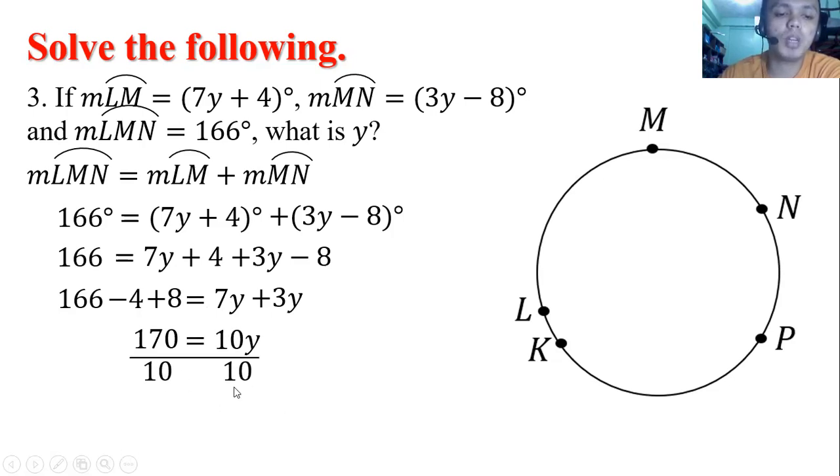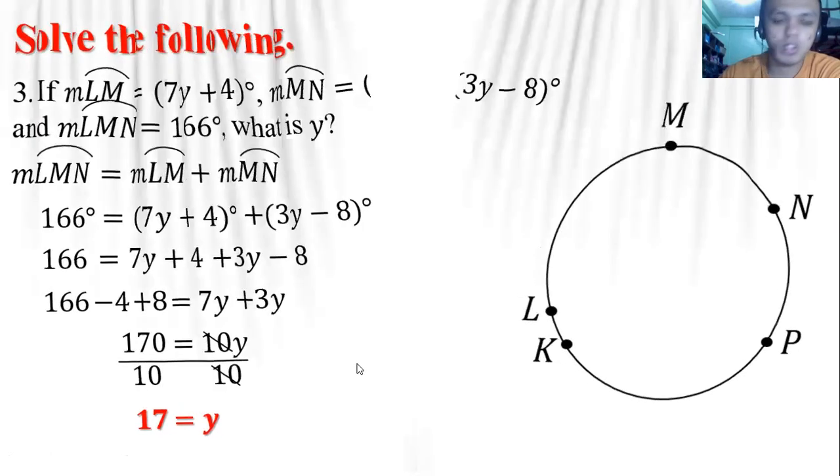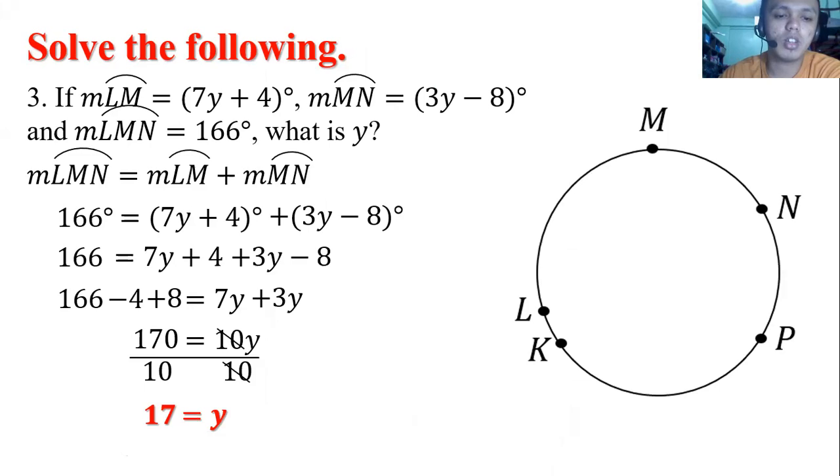Then divide both sides by 10. 170 divided by 10 is equal to 17. Then cancel this out. Your y here is 17. Ganun lang pala, no?